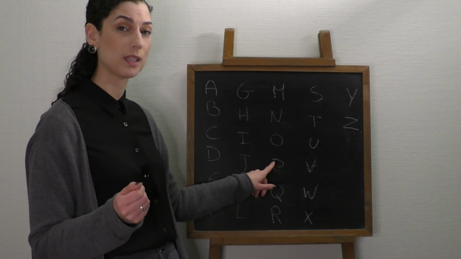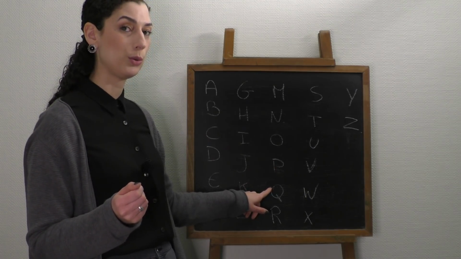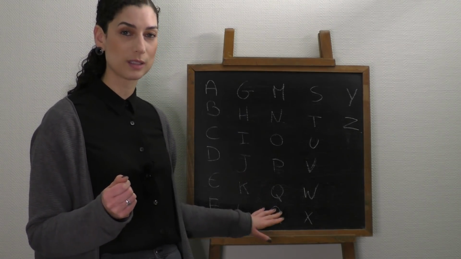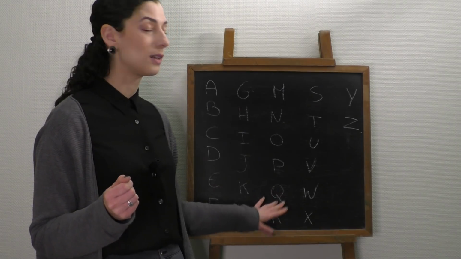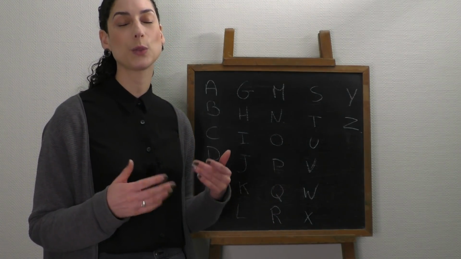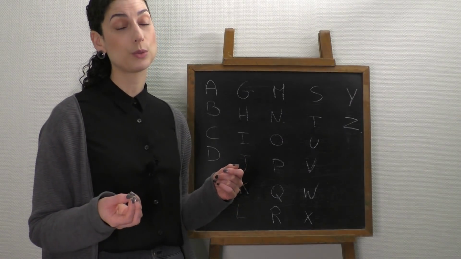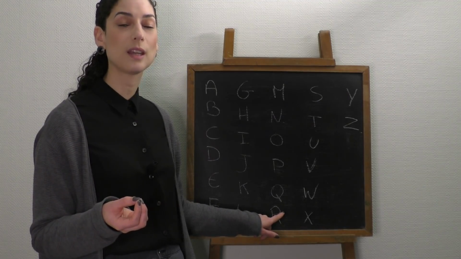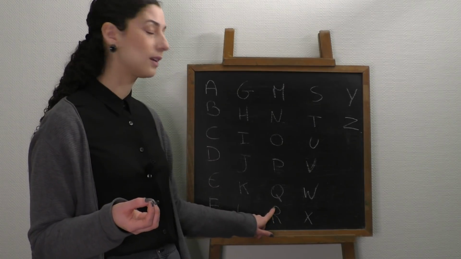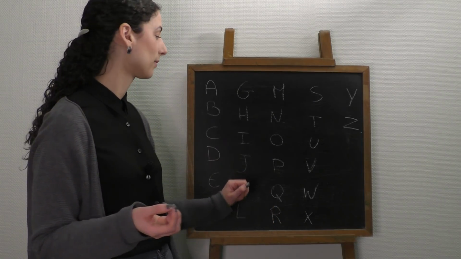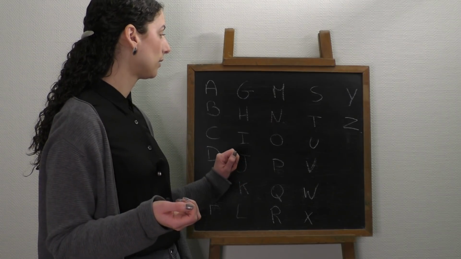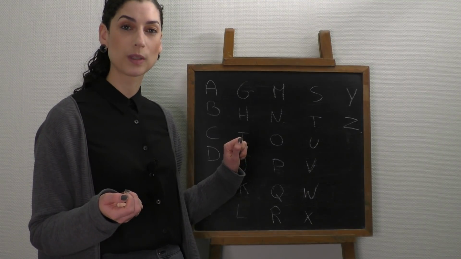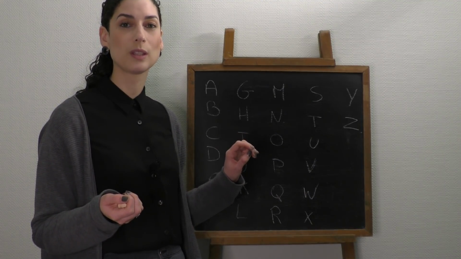Then B, Q, R. Okay, so the R is also a little bit tricky because you're going to have to learn how to roll your R's because it's er. So the third row again, M, N, O, B, Q, R.